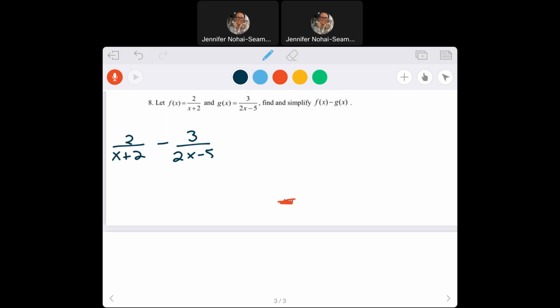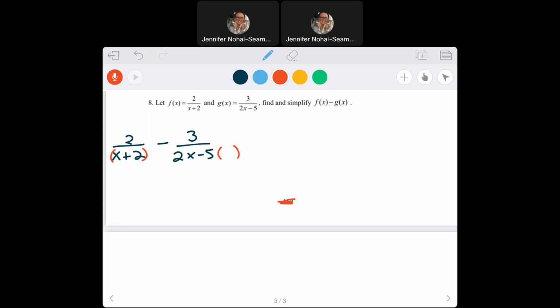So this x plus 2, I'm going to put that over here in this fraction. Now, the way fractions work, whenever I multiply the denominator by some other thing, I also need to multiply the numerator by that thing as well.